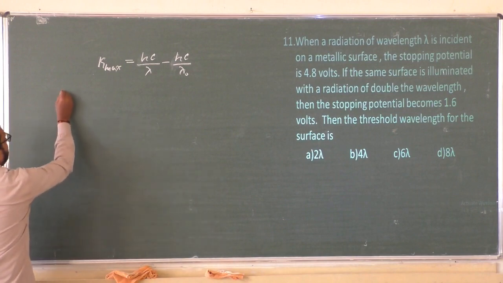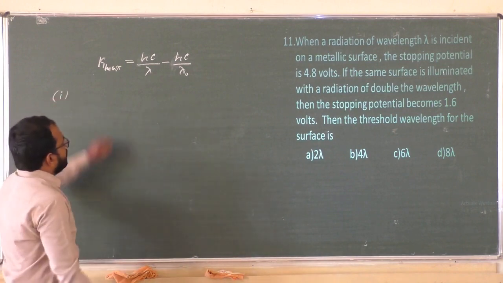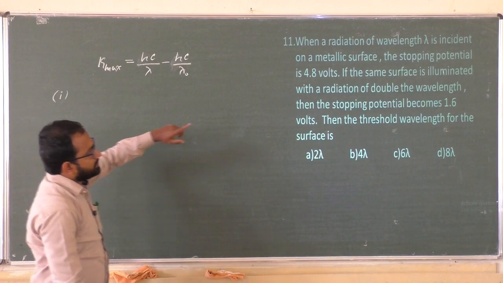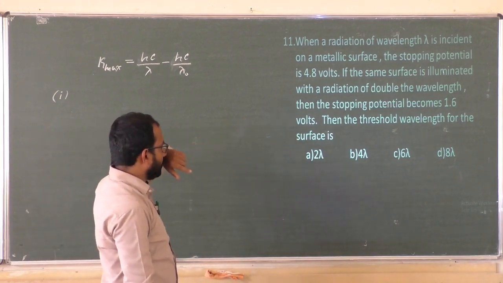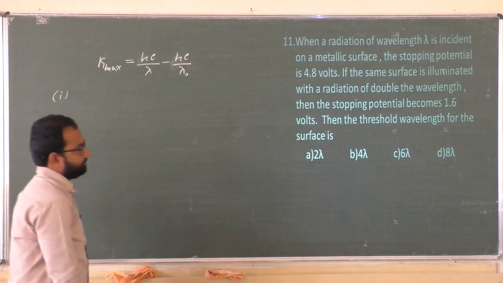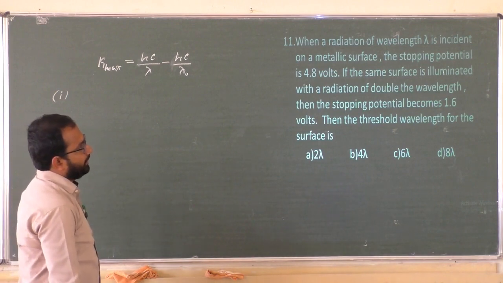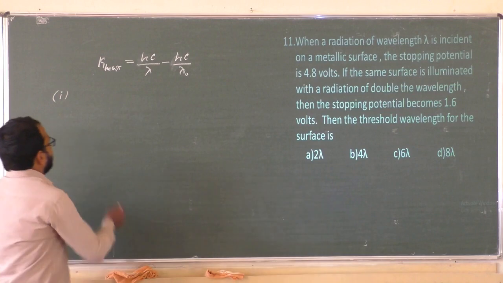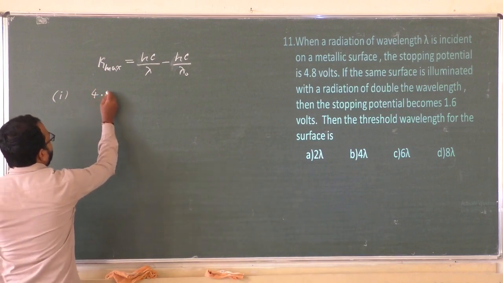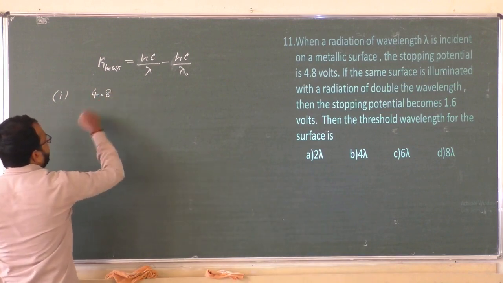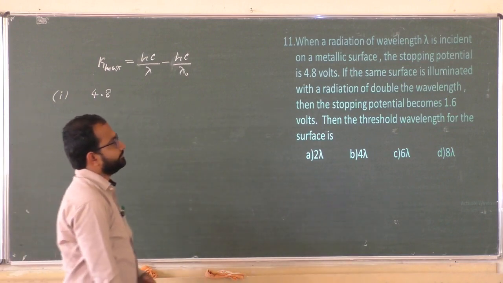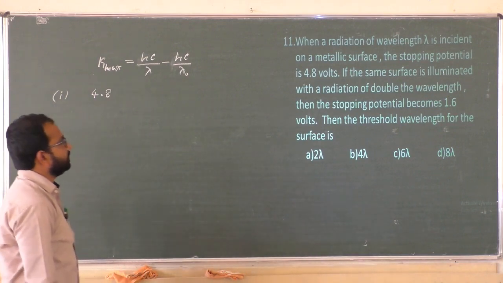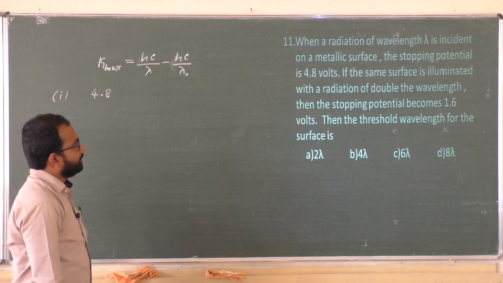Right? So for the first case, stopping potential is given, it is 4.8 volts. What is the kinetic energy in terms of electron volt then? It is 4.8 electron volt, right?